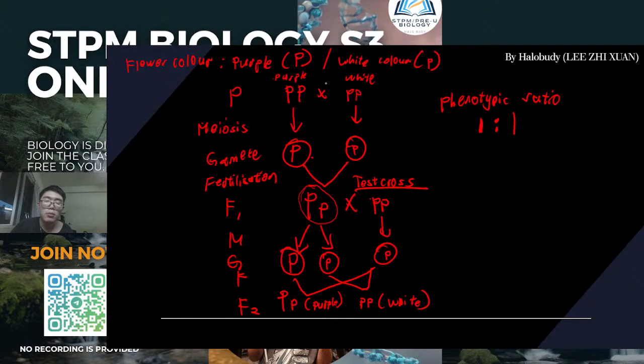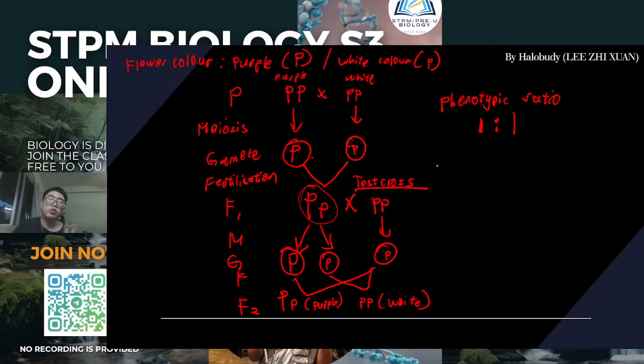Compared to the other case, when you just look at it, the mating looks almost the same, because it is also purple crossed with white, but there you get all purple, while here you get one purple and one white.